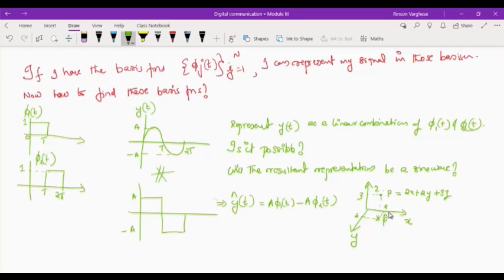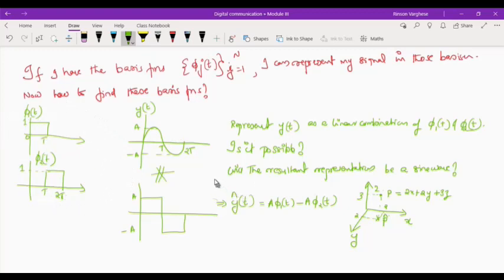So this is what happens here, because this sine wave does not fall in the space represented by phi 1 and phi 2. So you cannot represent it exactly using these two bases. The maximum possible solution is this, a square wave. This is the maximum possible solution for this sine wave in the space constituted by phi 1 and phi 2.